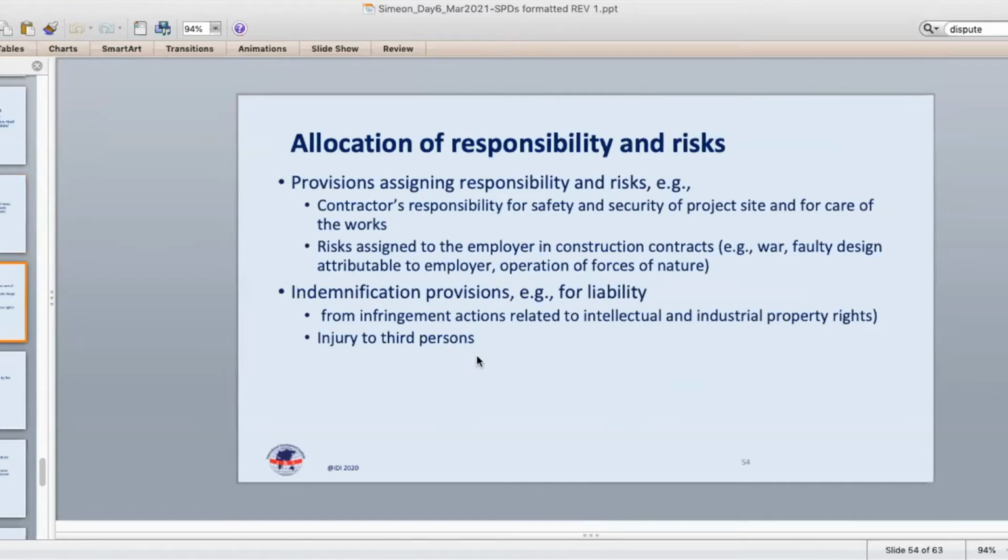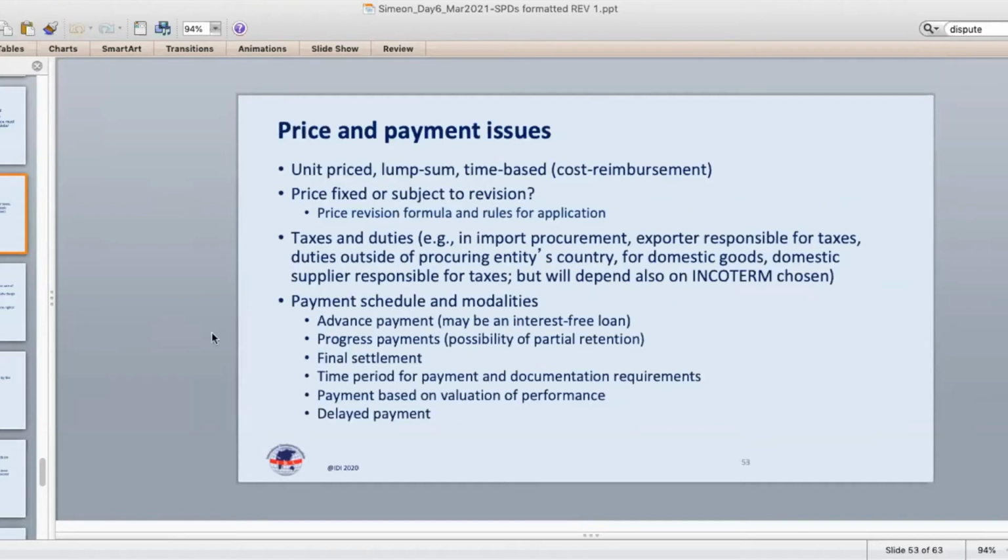Sorry, Simeon. Yes, please. May I ask, in the previous slide regarding payment issues, what is the implication of payment into local, I mean, the buyer or client country's bank? If a consultant is working for, let's say, more than 6 months, they have a local joint venture or local firm, subsidiary, whatever they should establish.